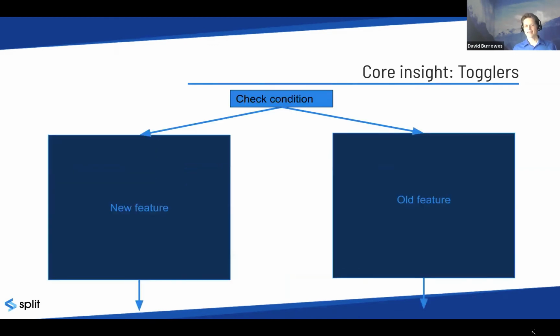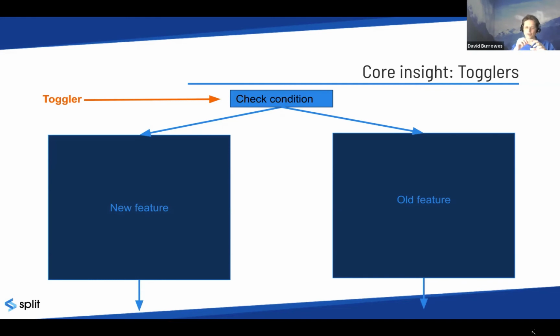What if we did something like this, where you come in, there's a check in some body of code outside the function, and if the flag is on, you execute a new function, and otherwise you execute the old function. In this case, we call this external thing a toggler, and the toggler lives outside of the function.